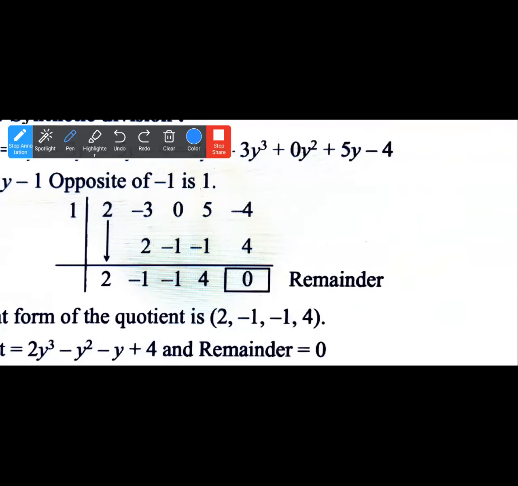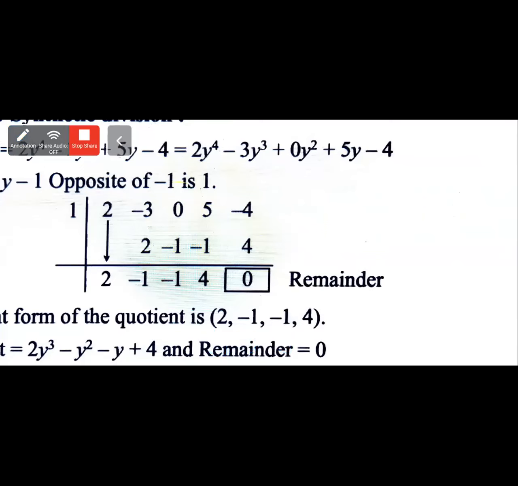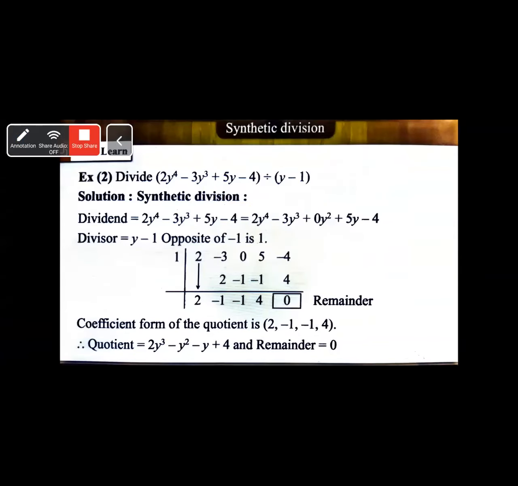So it will be 2y cube minus 1y square, you have to write in decreasing order, then minus 1y plus 4. This is your quotient. So your quotient is 2y cube minus y square minus y plus 4. And the remainder, as you all know, we have found is 0.